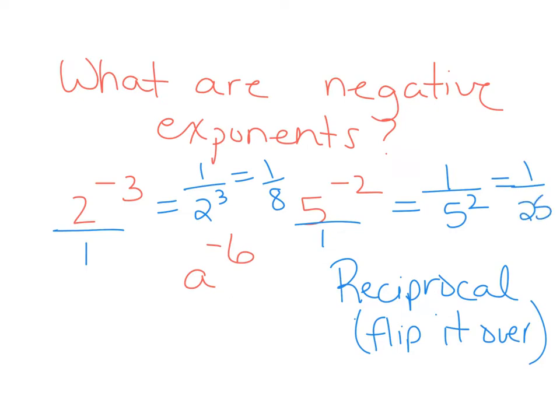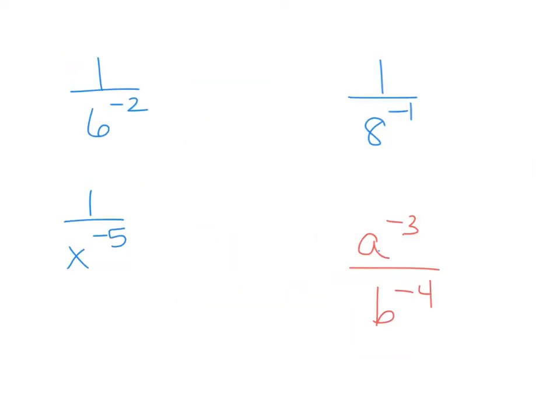Now, what about this a to the negative sixth? Again, same thing. It's really over 1. So if I flip it over, this just becomes 1 over a to the sixth. Here are some more examples of negative exponents, a little different from the last page. What happens if the negative exponent is on the bottom of a fraction?